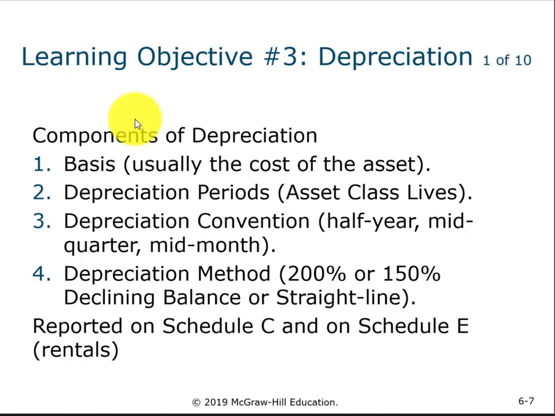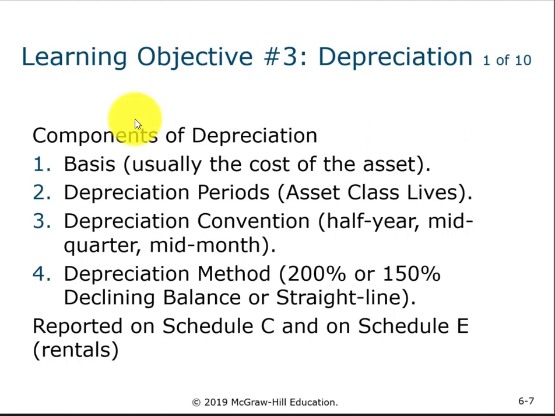Remember, we learned declining balance or straight line in our earlier accounting classes. Tax law says you basically are using the 200% double declining balance. That's what I mean, 200%. The 150% declining balance, which is not used nearly as much, so don't worry too much about that.